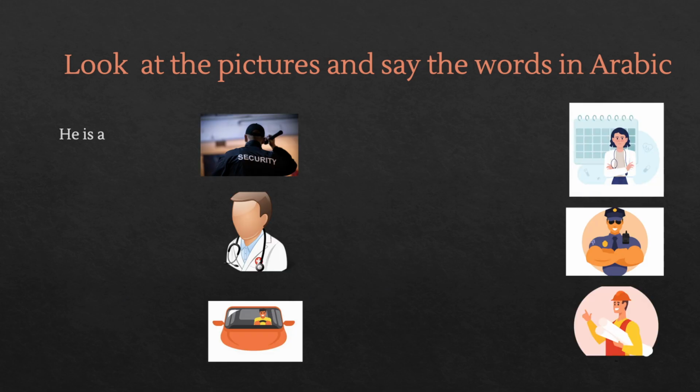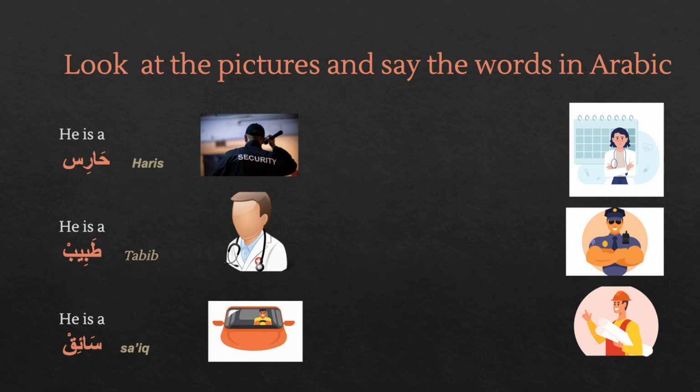The same thing in the next slide here. He is a security guard. How do you say security in Arabic? Haris. Okay. He is a doctor. How do you say a doctor in Arabic? Tabib. Okay. He is a driver. How do you say driver in Arabic? Sa'iq. Okay.